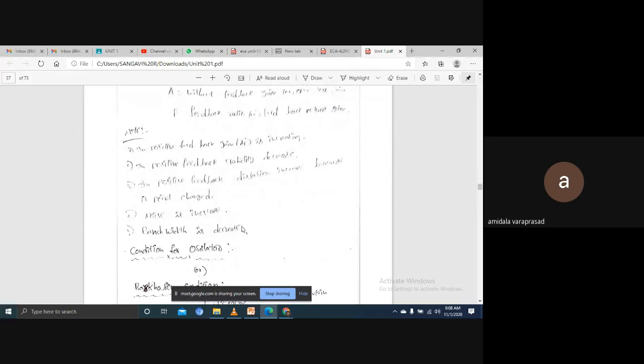These all are the characteristics of positive feedback.